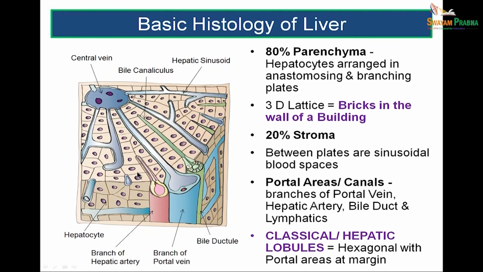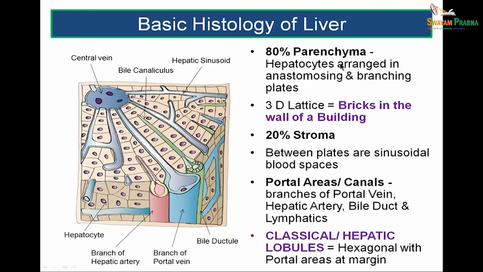Let's talk about the basic histology of the liver. 80% of the liver is made up of parenchyma and 20% is made up of stroma. So a large part of liver is made up of cells, the parenchymal cells, and a small 20% makes up the stroma, which is the fibrous content. The 80% of parenchyma is basically the cells called liver cells or hepatocytes.